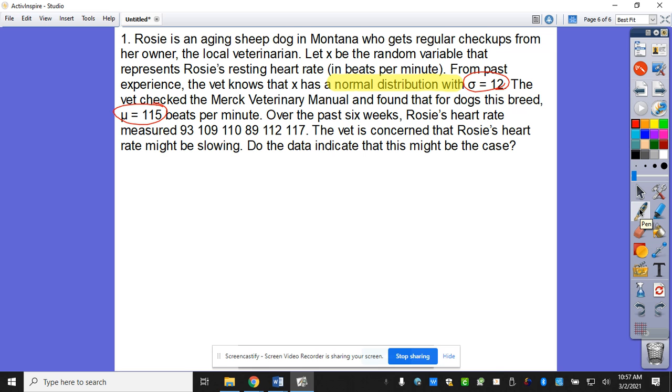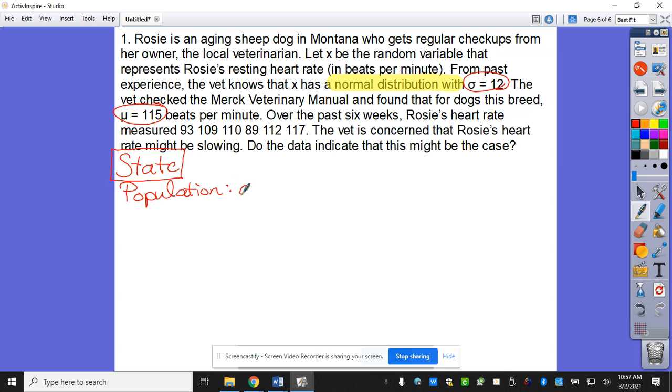If the problem weren't worded to say that we think it might be slowing, I think I would probably just put all of her heart rates as the population. So again, I would accept any of those 3. But since I've got to pick one and go with it, let's pick the last 6 weeks.